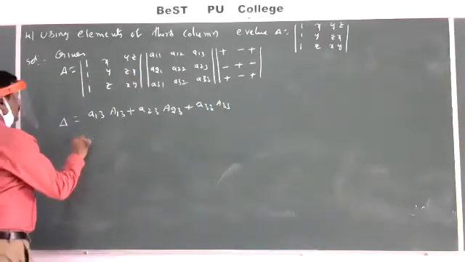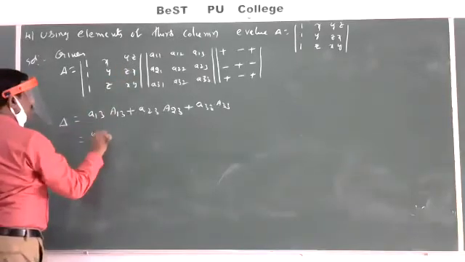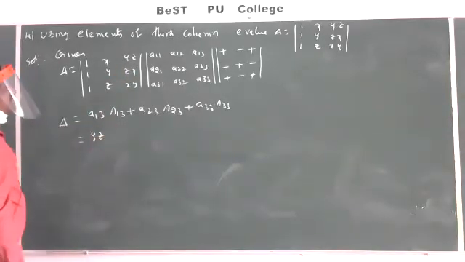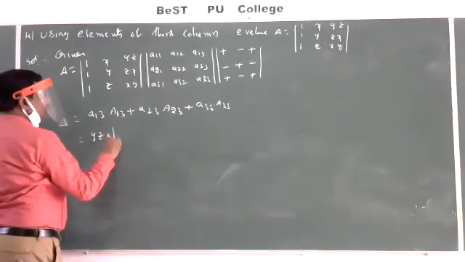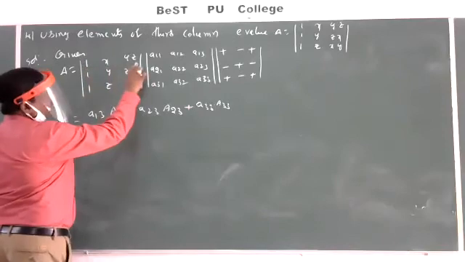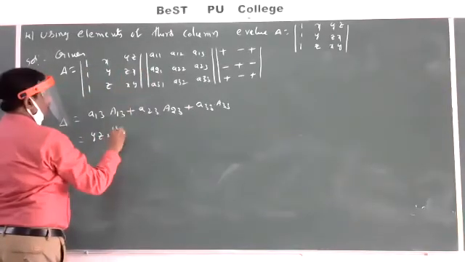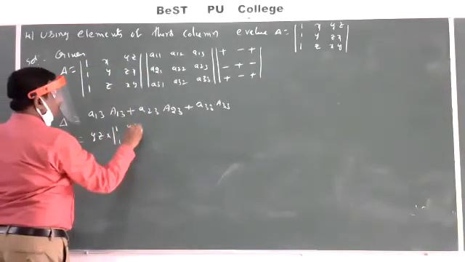Here A13 means yz. Here A13, 1 plus 3, means plus only. Leave the first row and third column: 1, y, 1, z.